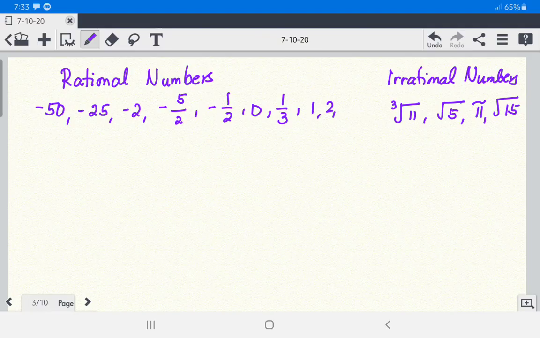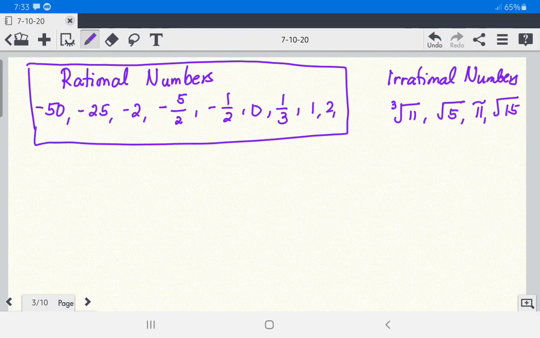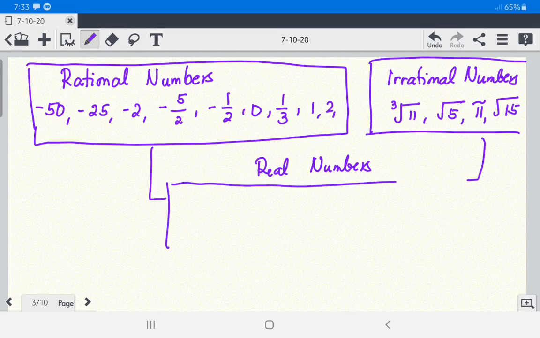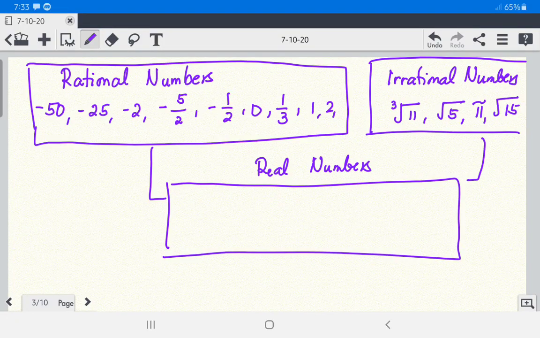So, additional information: if we combine those two, it's now the real numbers. Real numbers are the combination of the rational numbers and the irrational numbers.